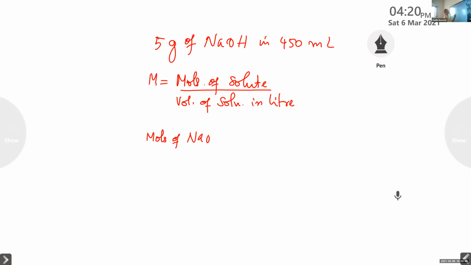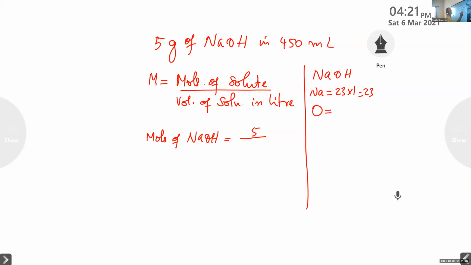So the number of moles of sodium hydroxide is equal to mass in gram by molar mass. Mass is 5 by molar mass of NaOH. If you don't know the value by heart, you can calculate. Sodium atomic mass is 23 into 1 is equal to 23.